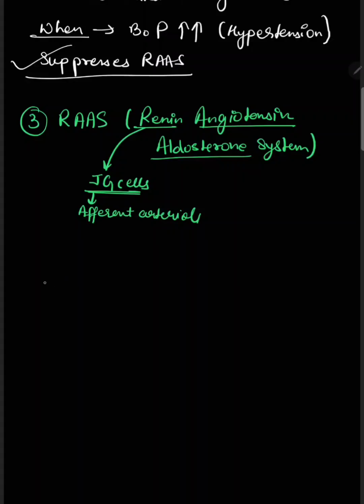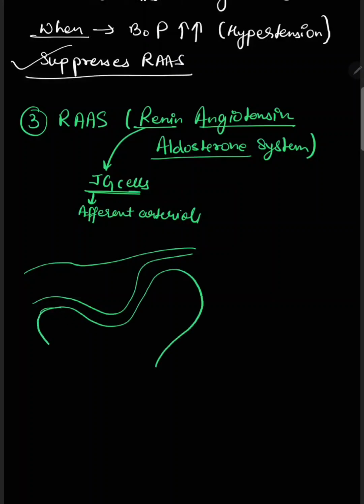So let's imagine this is the afferent arteriole portion, and here we have our Bowman's capsule, and somewhere here we will have a portion of the DCT. Now there are some cells here, okay, let's change it.